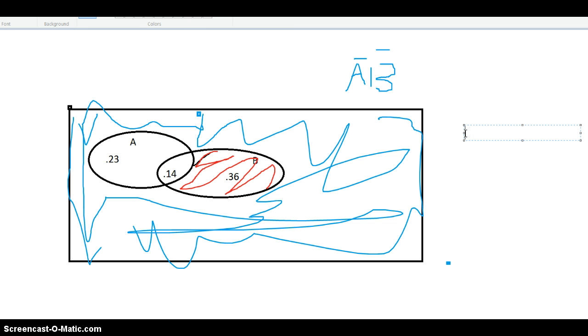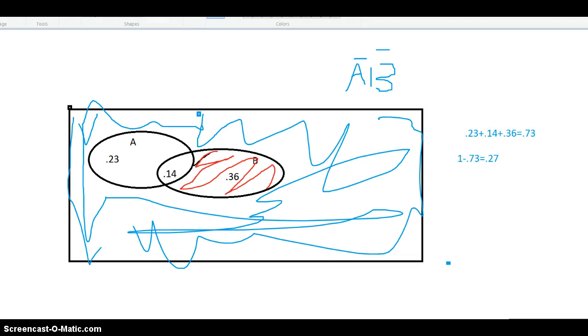That's the probability of A or B, the inside of 2 circles, which gives us 0.73. And the outside of A and B would be the big box 1 minus 0.73. That gives us 0.27. So that's the probability for A bar B bar.